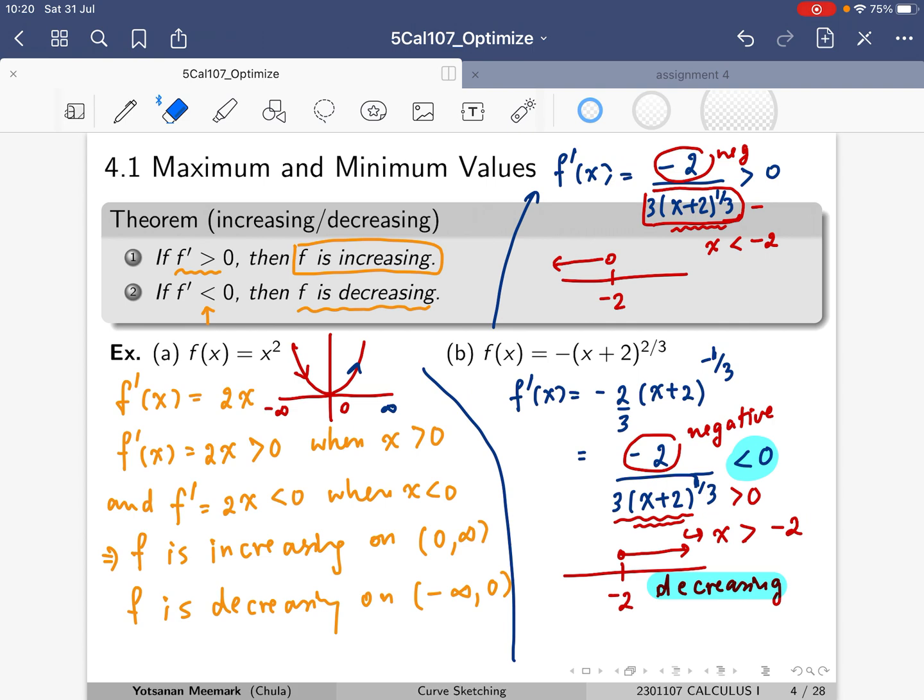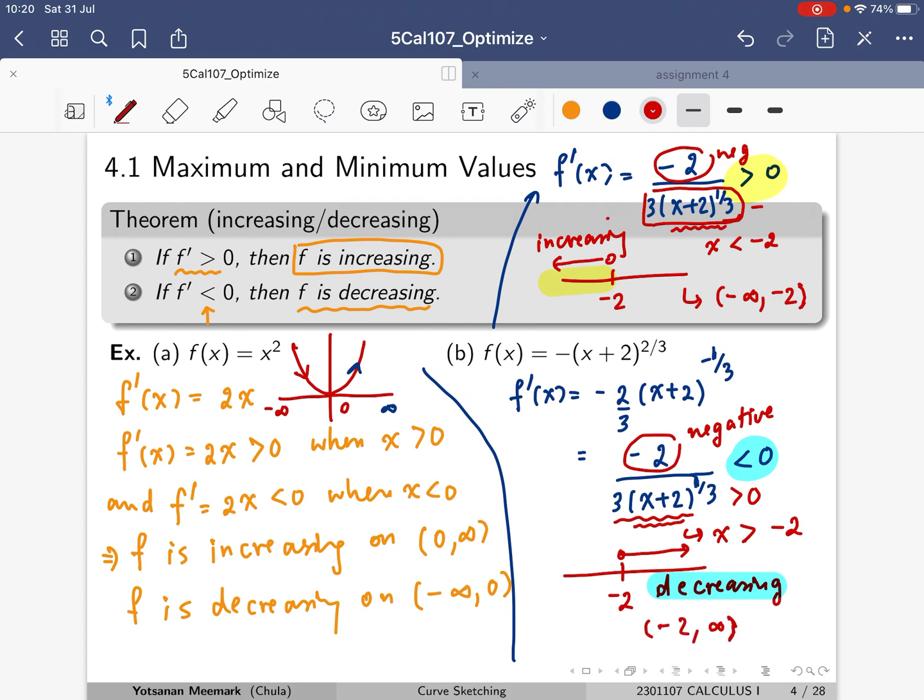Don't forget that here we are talking about f prime being positive. So it is increasing over negative infinity to -2, and decreasing from -2 to infinity.